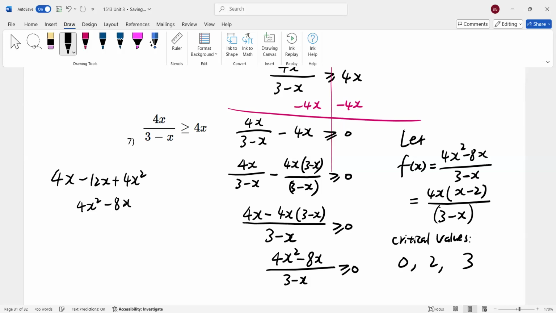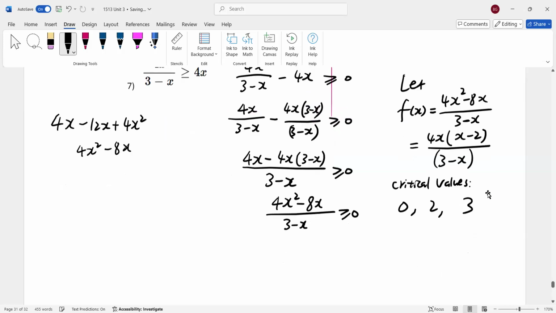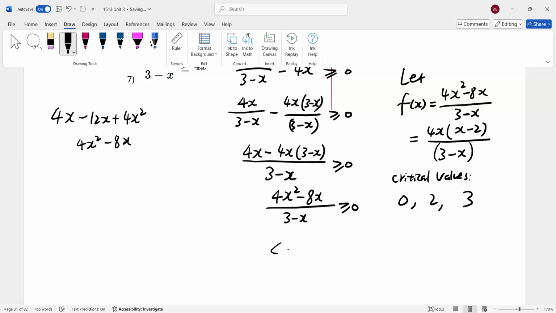The bottom has 1 root, which is 3. Since the bottom has a 0 at 3, the function is not defined at 3. So when you draw the real number line, when you draw the domain, you have to have a circle at 3. Indicate 3 is not in the domain.